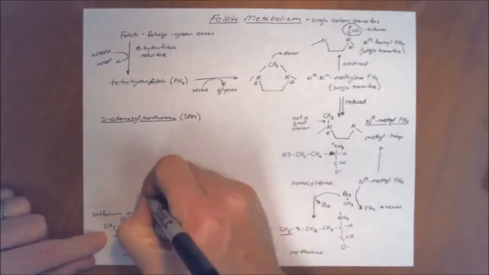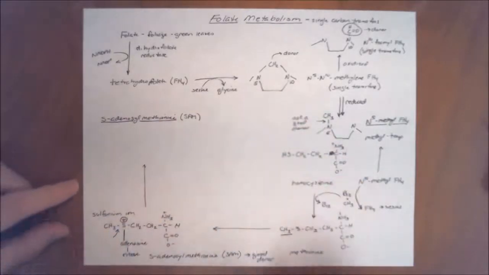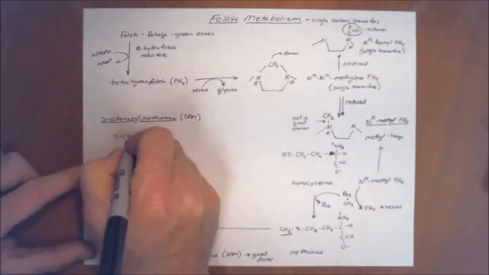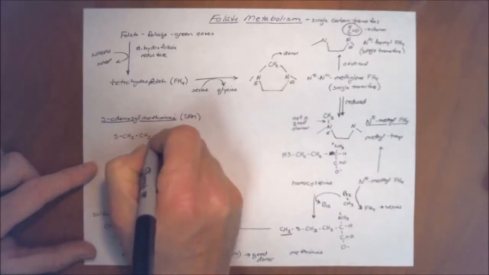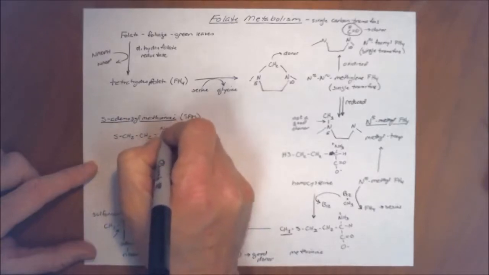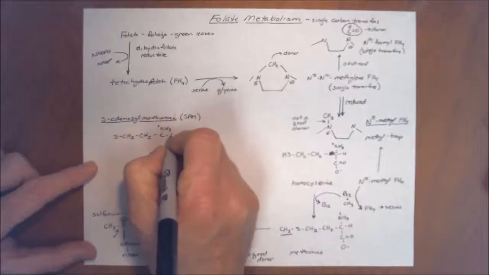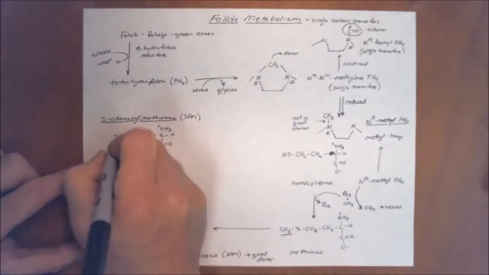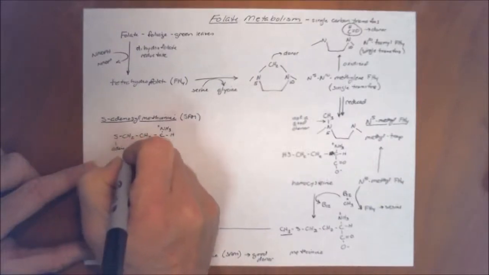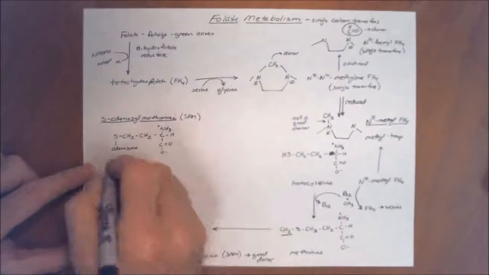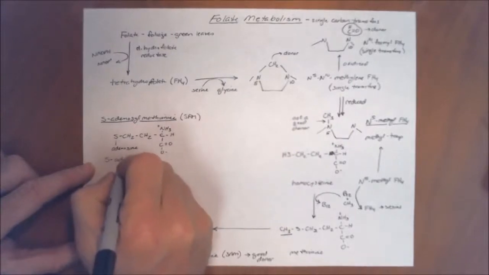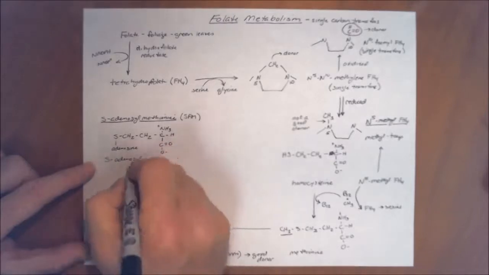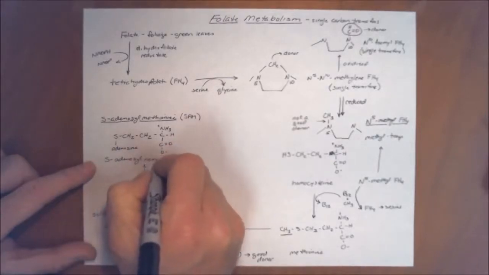So then the next step is using SAM in the reactions that require single carbon transfer, and in doing so we are regenerating an intermediate in this process of S-adenosyl homocysteine, because we still have the adenine and the sulfur.